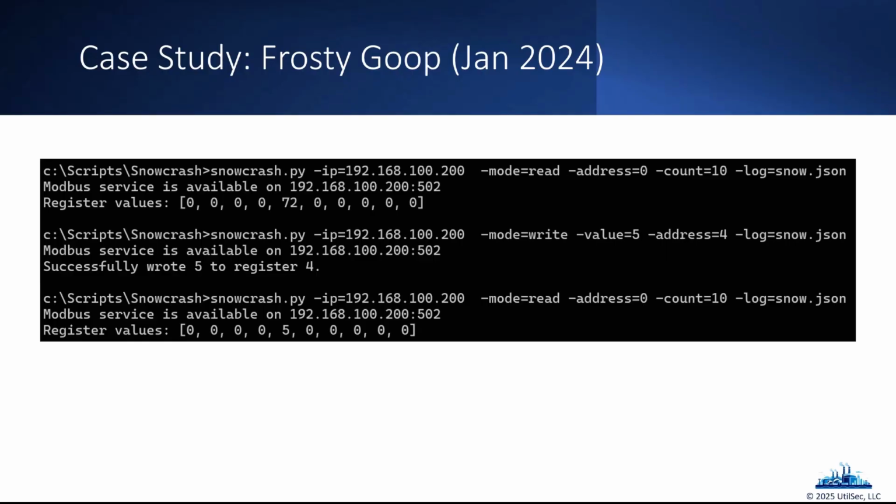Again, it's a high-level example, but it's this idea that OT tools and attacks don't have to be super sophisticated to have an impact. In part because we use protocols like Modbus, which are unauthenticated, so you can access them without usernames and passwords.